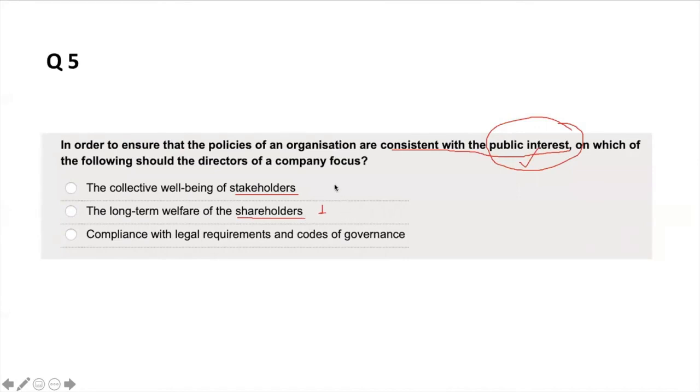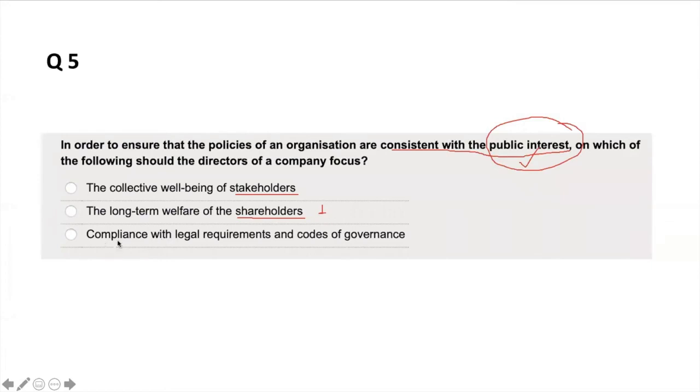When we talk about stakeholders, we talk about a number of different groups or people, such as, for example, the employees of a company, the suppliers, the customers, the financial institutions, unions. So there's a lot of stakeholders, and that's how we can relate the word stakeholders with public interest. It takes everyone into consideration, not just the shareholders.